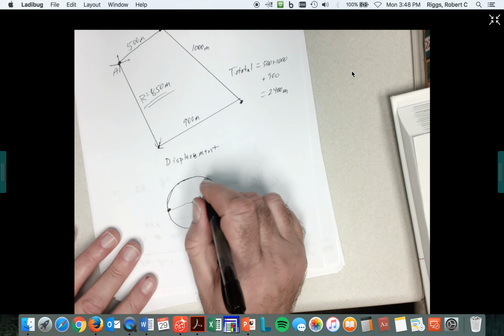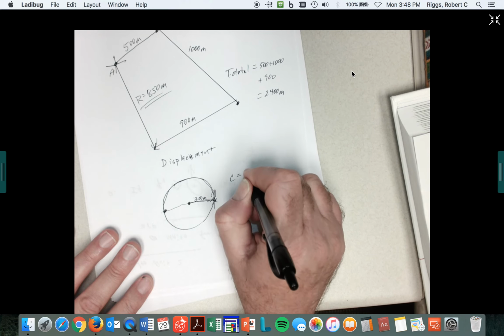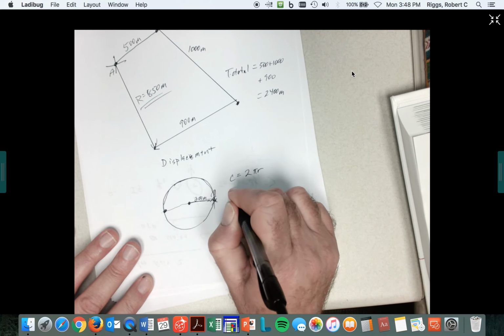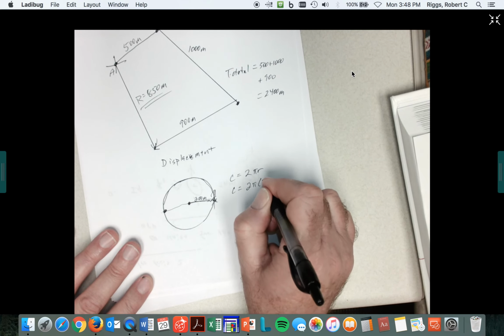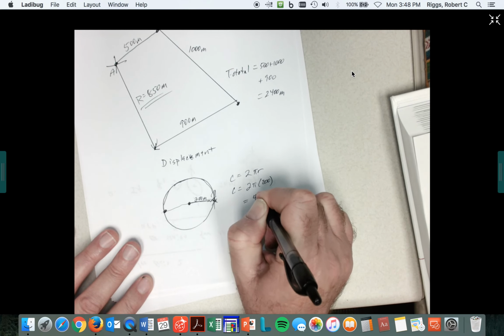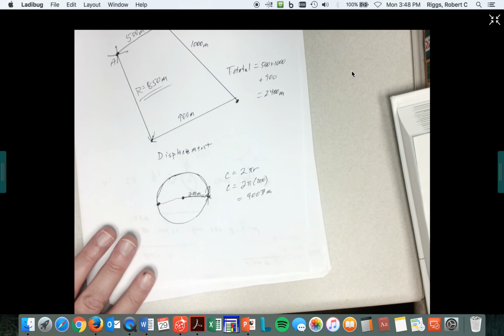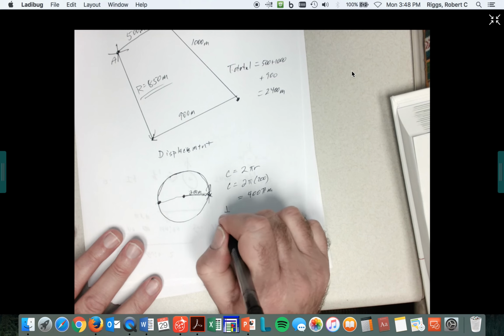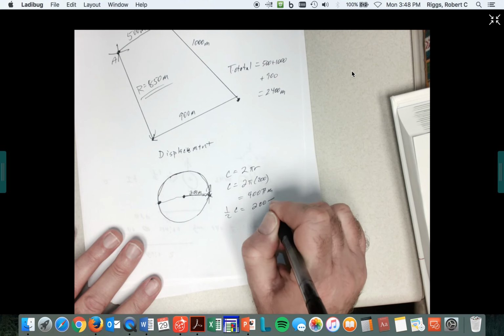My total distance: the circumference of this circle is 2 pi r, which is 2 pi times 200, equal to 400 pi meters. I'm not going to compute out the pi. Half the circumference is 200 times pi.